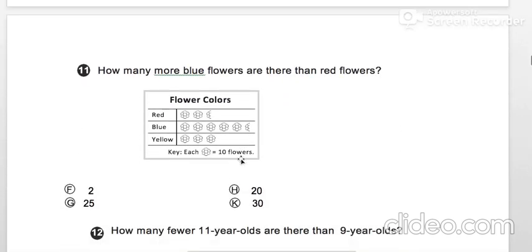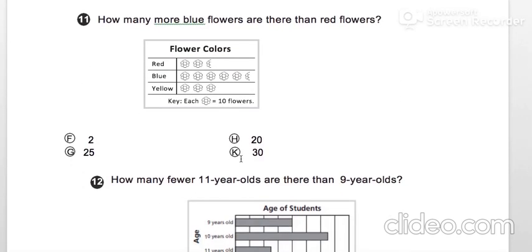Almost there. Number 11, you are going to use this pictograph to help you solve the problem. How many more blue flowers are there than red flowers? This is a two-step problem. First, you need to figure out how many blue flowers there are. Then you need to figure out how many red flowers there are. And then you can do the last step. How many more?